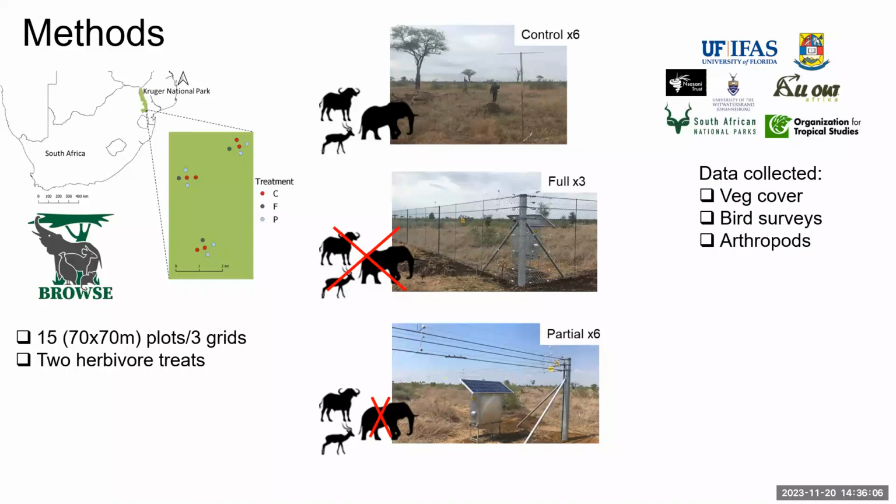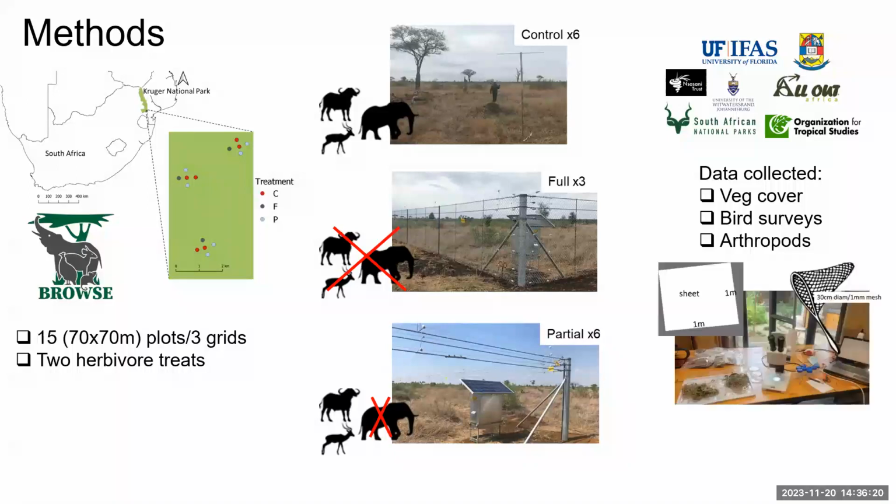We are measuring vegetation in those plots, specifically grass, shrub, and tree cover. We are also counting birds. We are also collecting insects. We use a sweep net to collect insects on the grass layer.